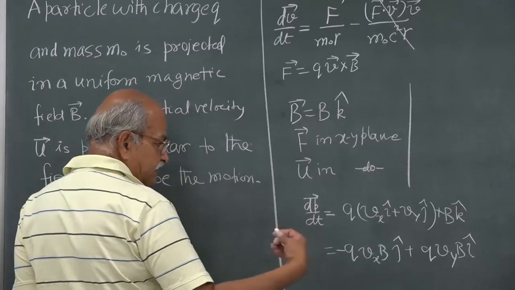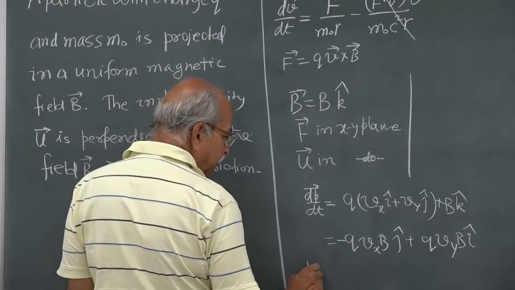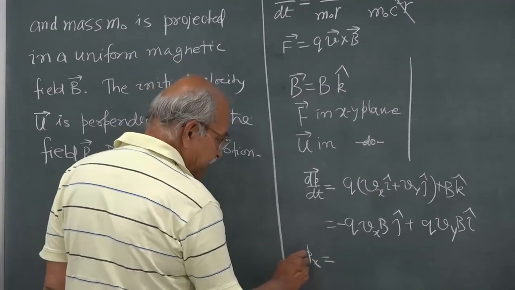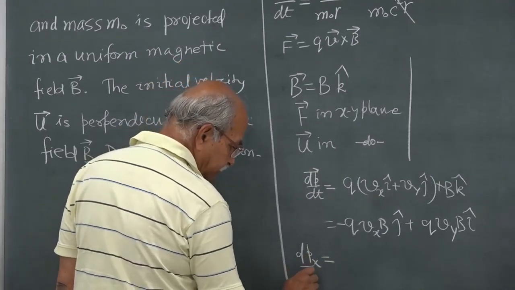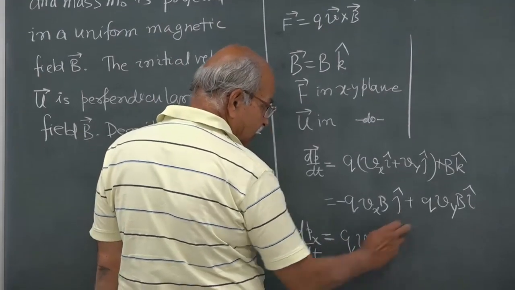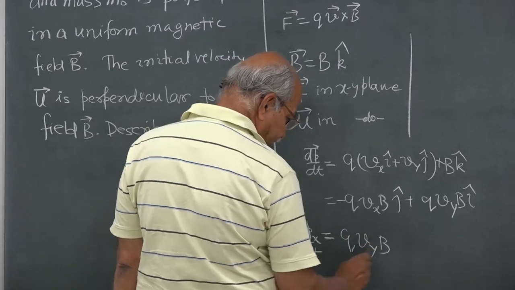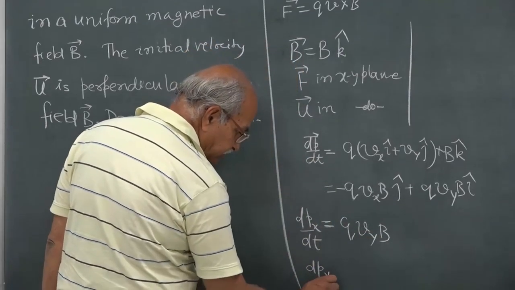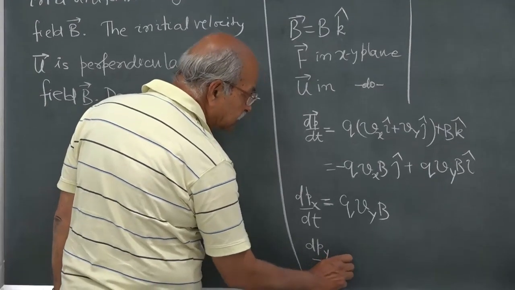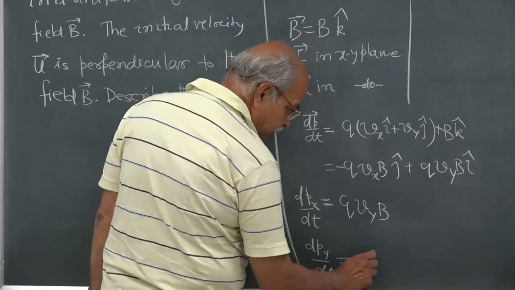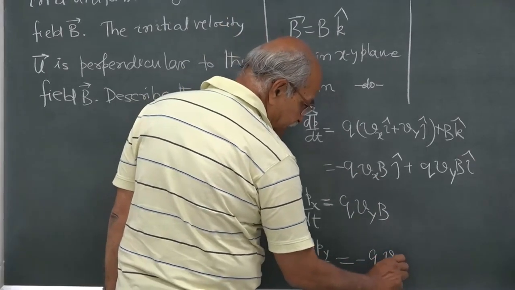So, if I take x and y components, dpx dt is equal to q Vy B, and dpy dt will be the j component, that is minus q Vx B.